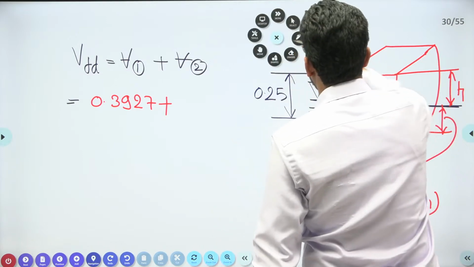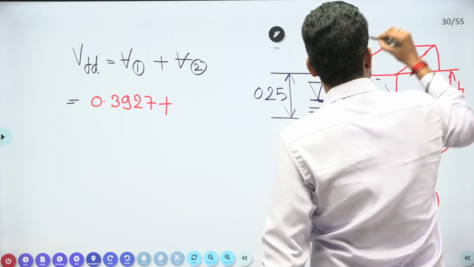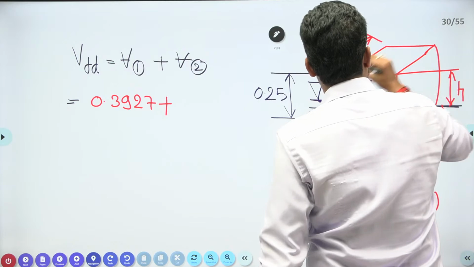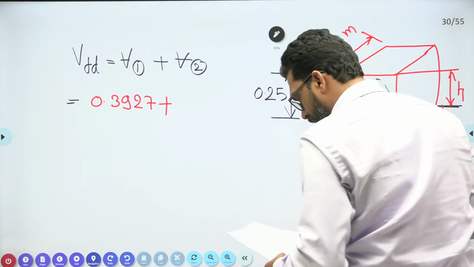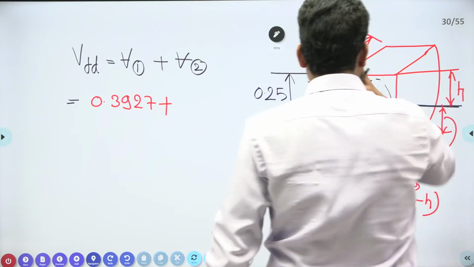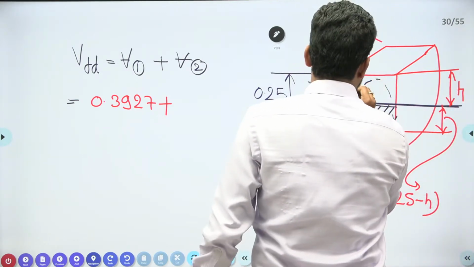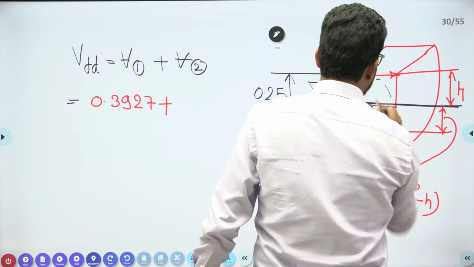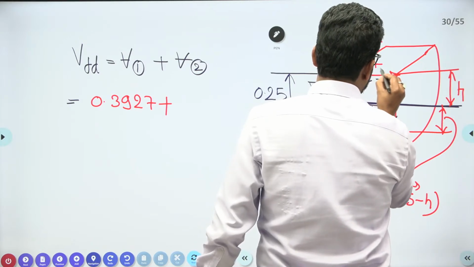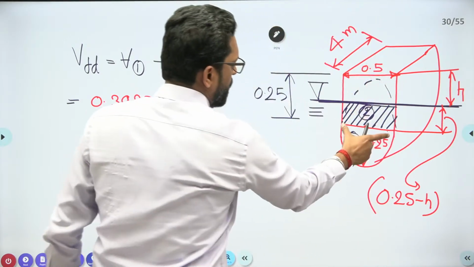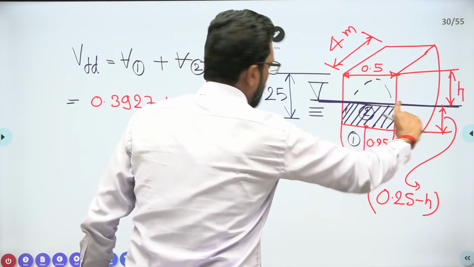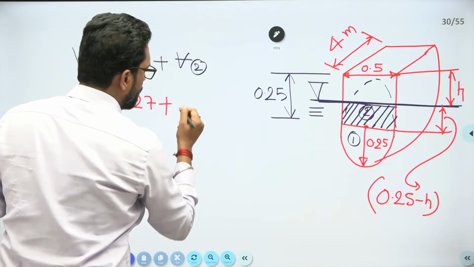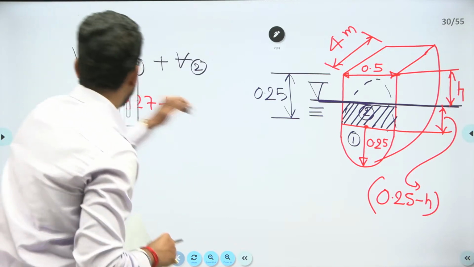See, this is what, beta? 4 meter. This is a 4 meter, and this is your 0.5, so 0.5 into 0.25. I will write from here, no problem.